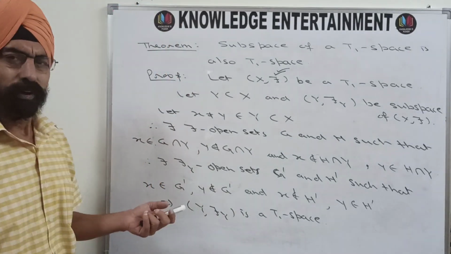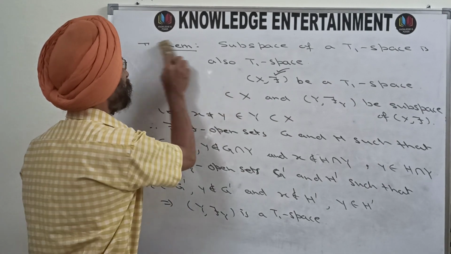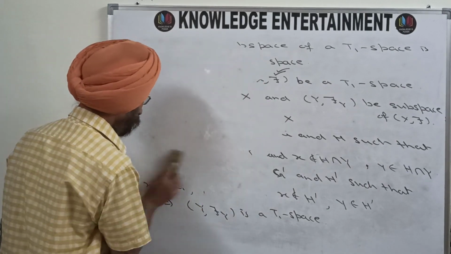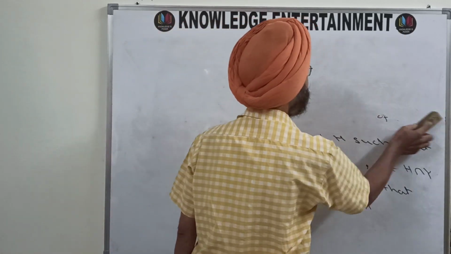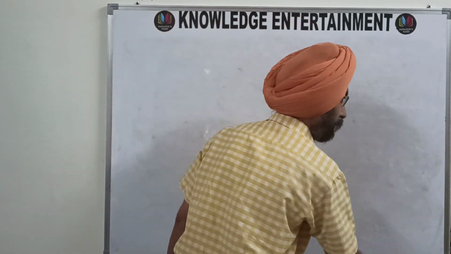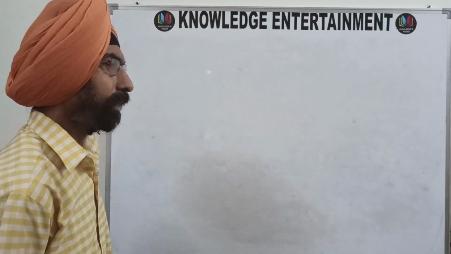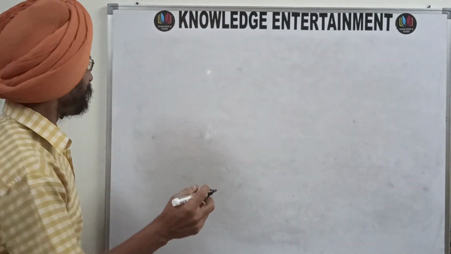So one or two more results I would like to do today. So next, what I have proved, let me rub it and then I'll write the statement of the next one. Write the statement first.